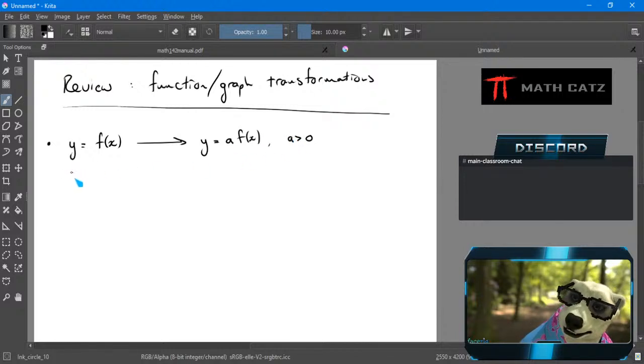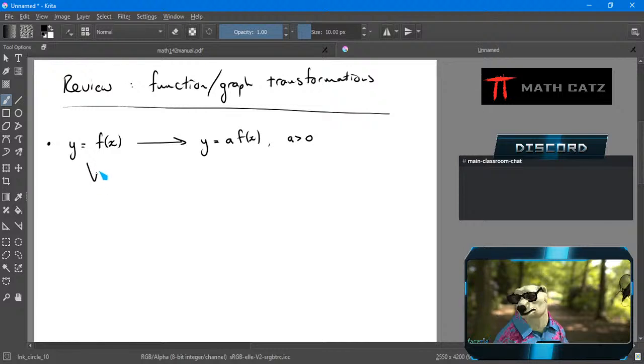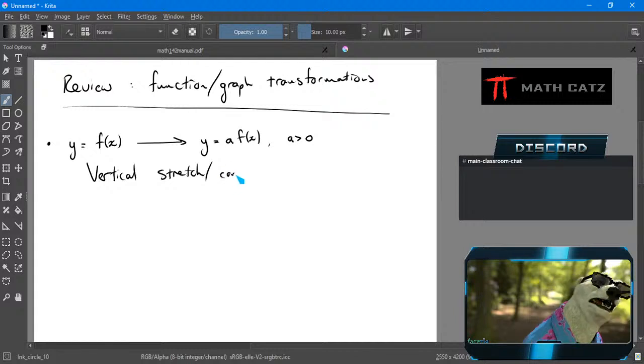Then the resulting graph undergoes a vertical stretch or compression depending on the size of a. I want to emphasize vertical. If something is done to the whole right hand side, then some vertical transformation is happening to the graph.